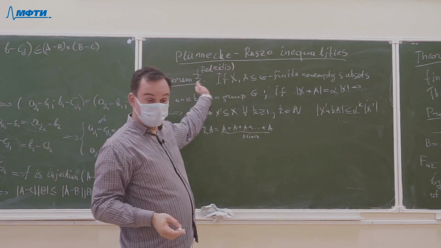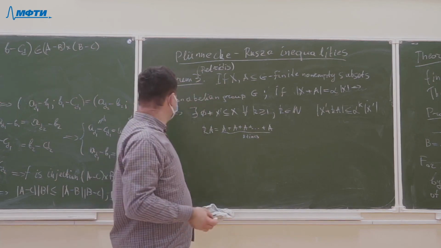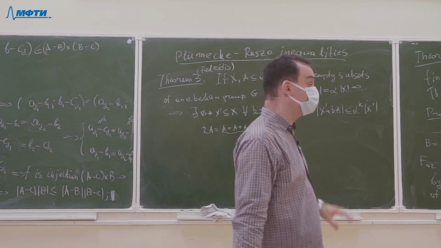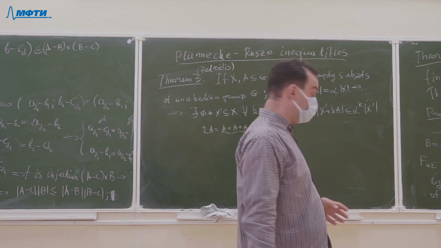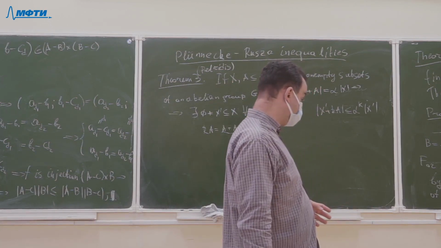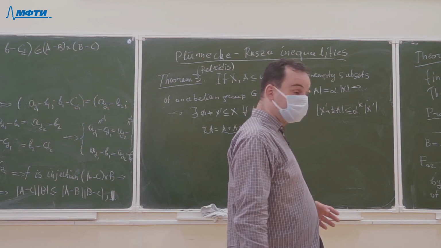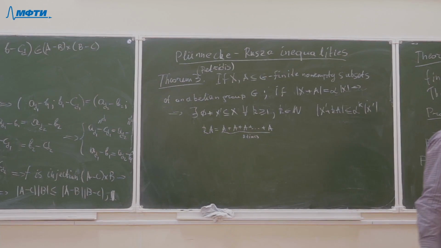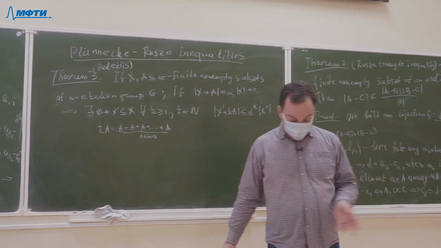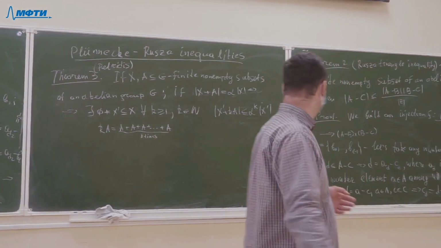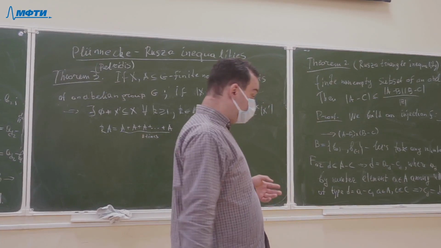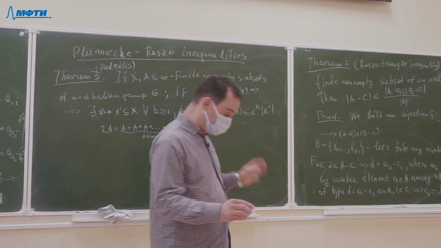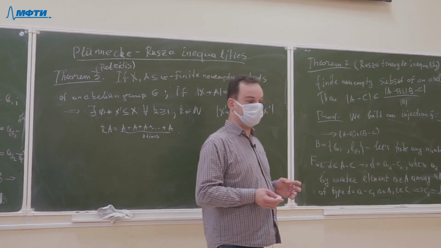So first, here is a history of the question. Well, there was a publication of the German mathematician Plünnecke, which was published, but as far as I know, I didn't see this publication.